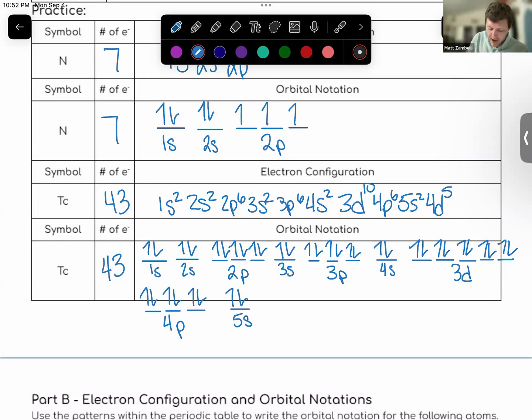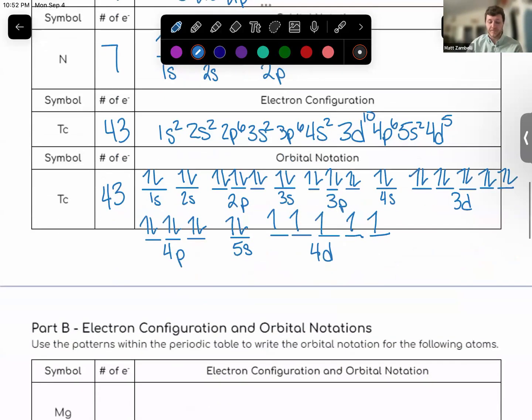And 4d5. Remember, we need to draw all 5 of our lines. 1, 2, 3, 4, and 5. 4d, and we put 1 in each of those lines to show that 1 gets filled first before we go back and do the other ones.